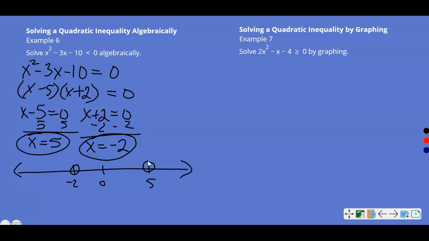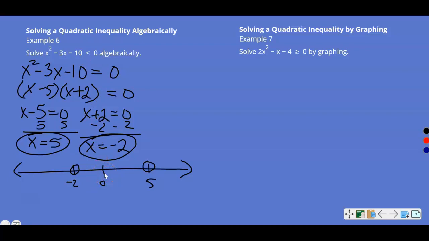And then we're going to test points in each region. We have 3 regions. We have this here below -2. We have the part in between -2 and 5. And we have the region above 5. So we have 3 parts of this number line that we're going to test to see which area satisfies this inequality. And then that will be our solution set.